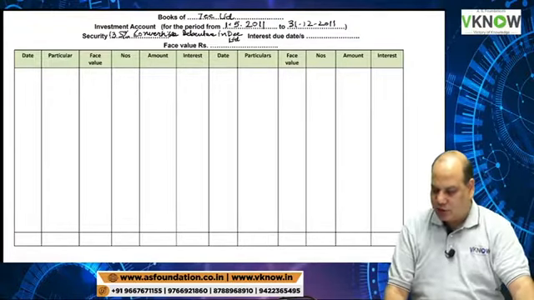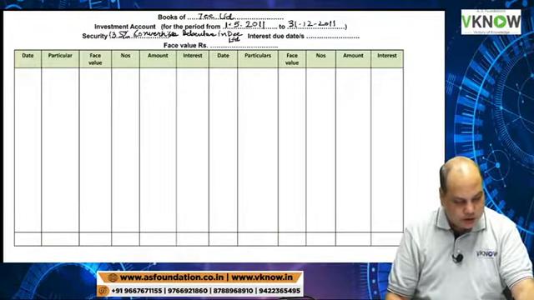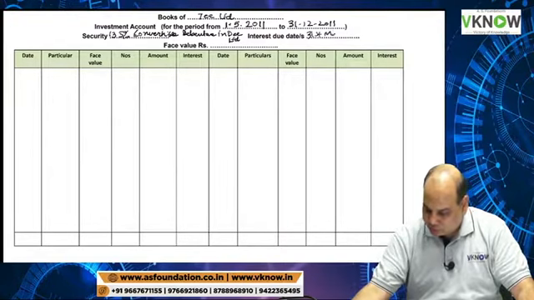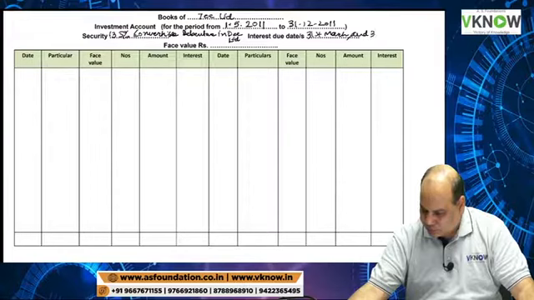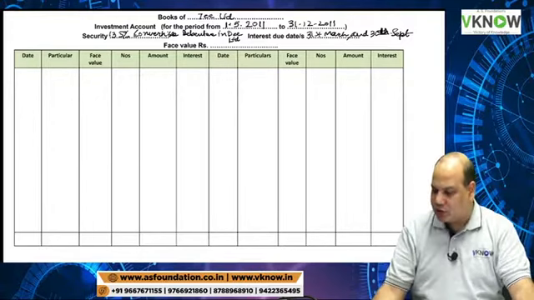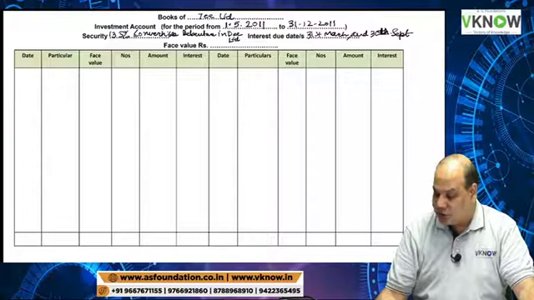The interest due dates given in the question are 31st March and 30th September. So please keep these two dates in mind. They will be required for some interest calculation.